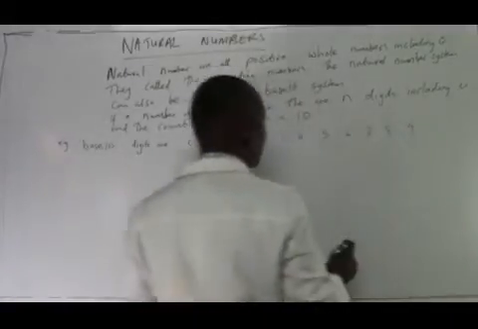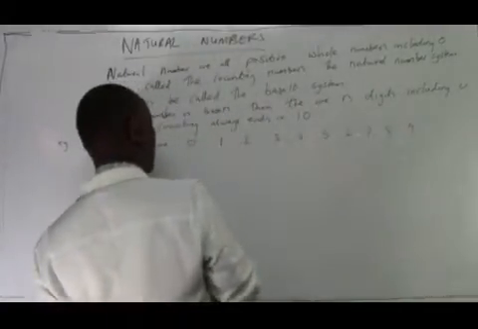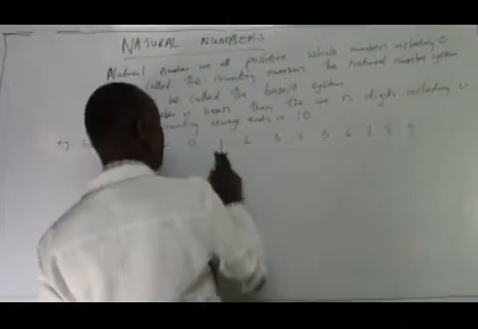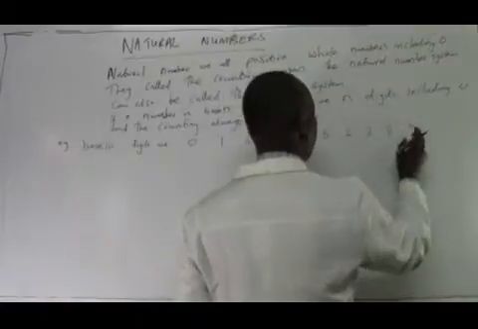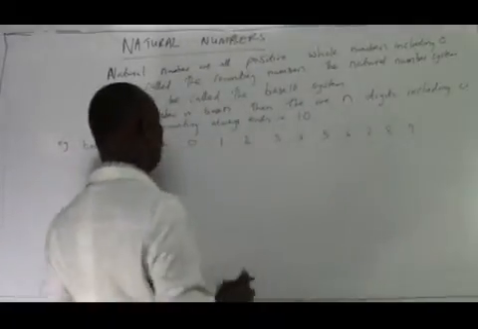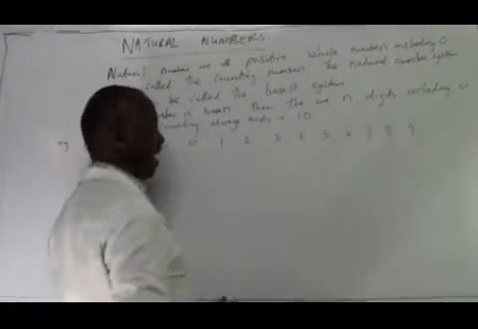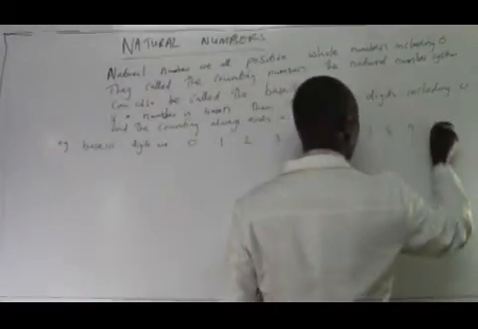Let's see how many digits we have: 1, 2, 3, 4, 5, 6, 7, 8, 9, 10. So we have 10 digits because we are counting in base 10, and the counting will end in 10.